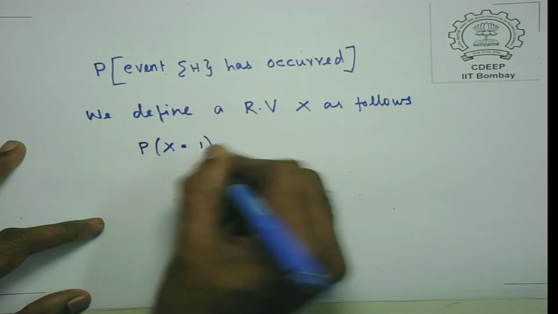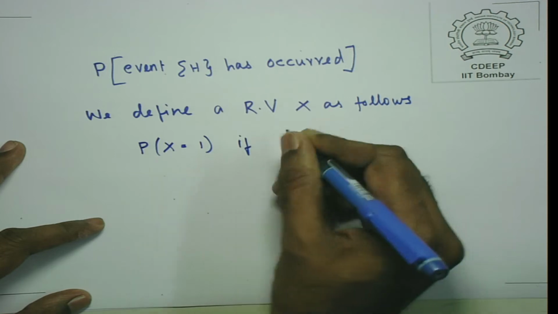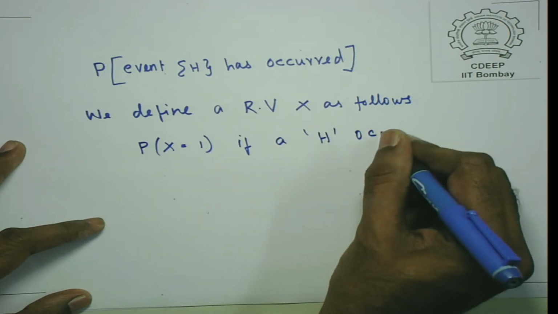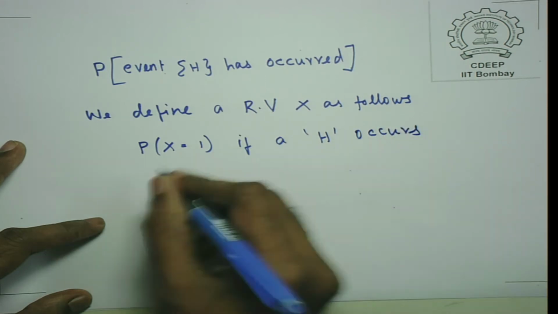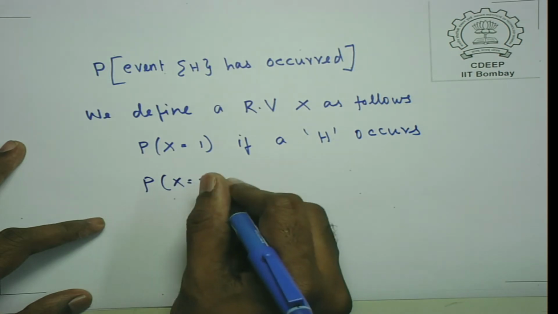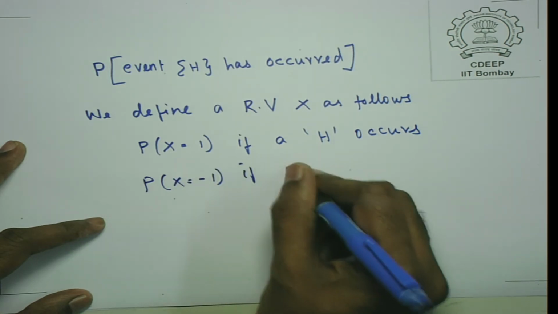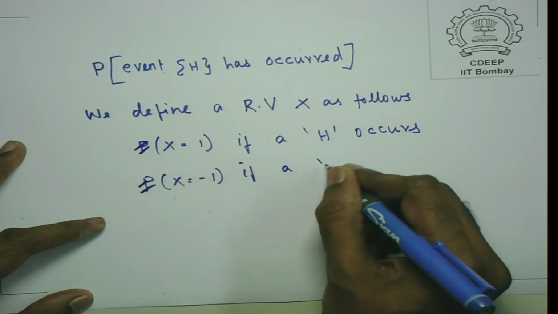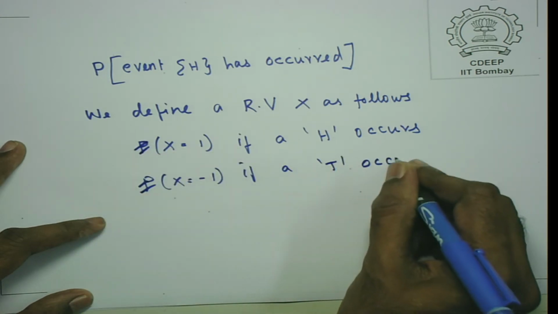X equals 1 if head occurs, X equals minus 1 if tail occurs.